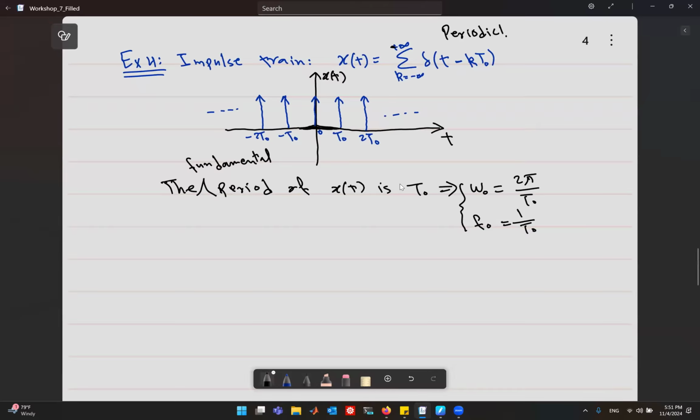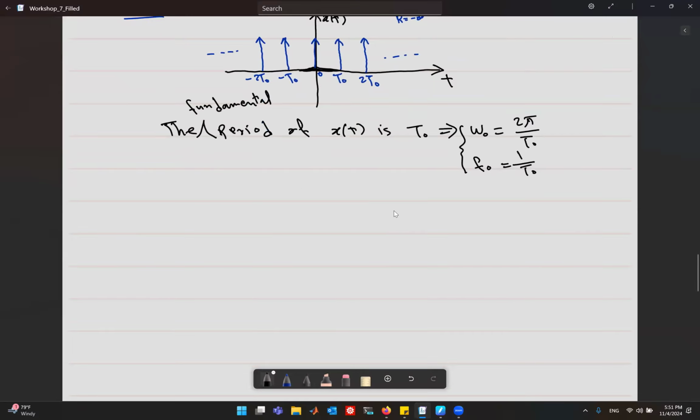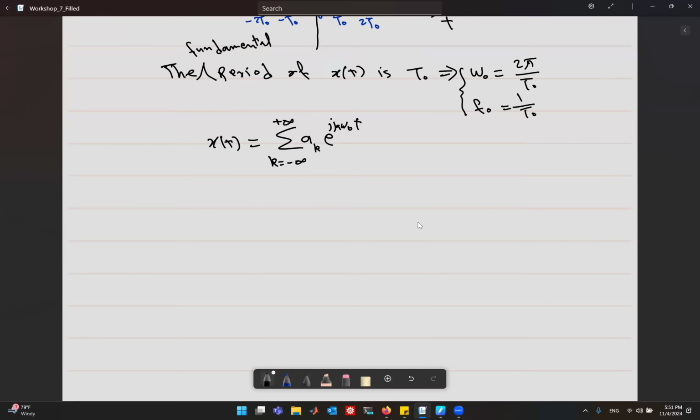Now remember from Fourier series, x(t) can be represented using a Fourier series this way: the sum over k equals minus infinity to plus infinity of some coefficient, a_k, scaling the harmonics, e^(jk omega naught t). And then those coefficients can be found using this equation: 1 divided by t naught, integrating over one period, x(t) e^(-jk omega naught t) dt.